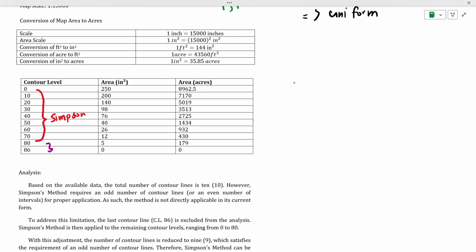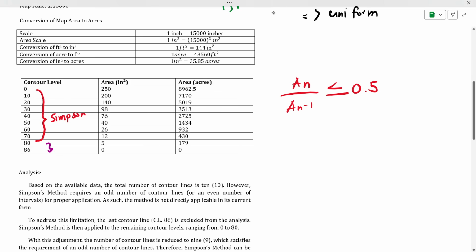Considering the condition for pyramidal, we have A sub n over A sub n minus 1. If we calculate the ratio, the value should be less than or equal to 0.5 so that we can use pyramidal to calculate the bulk volume of this final interval.